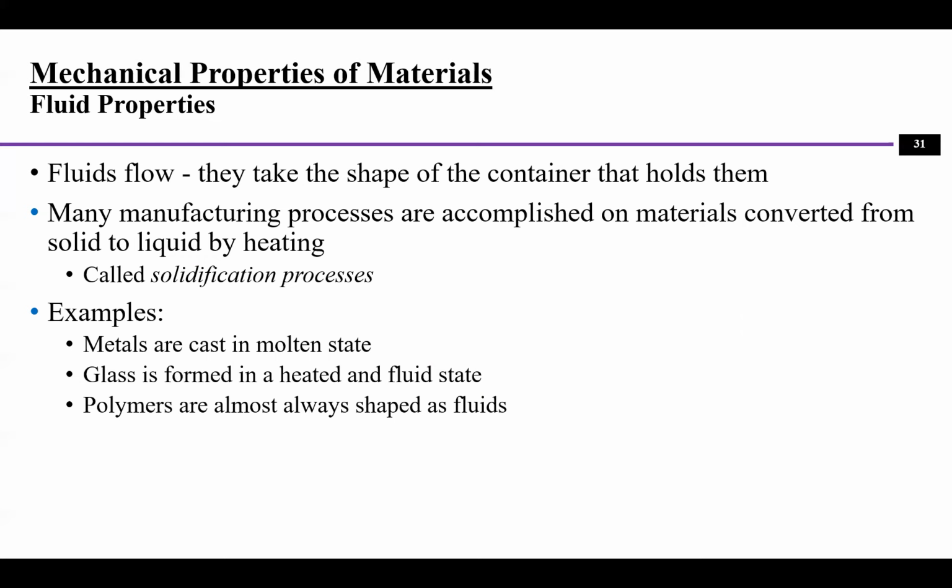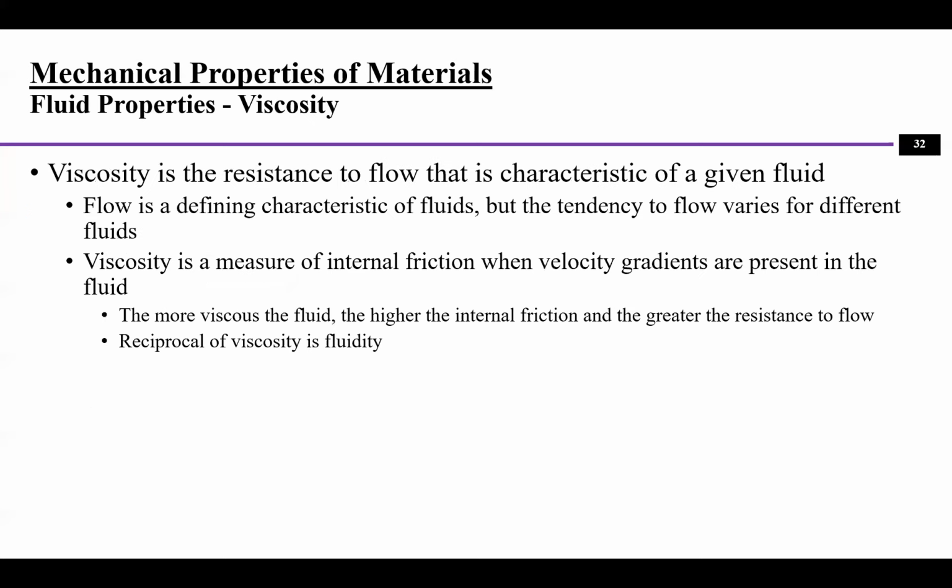For example, metals are cast in a melted state, glass can be formed in a heated fluid state, and polymers are the same thing, right? For injection molding, typically we first need to melt the polymer and then inject it into certain molds.